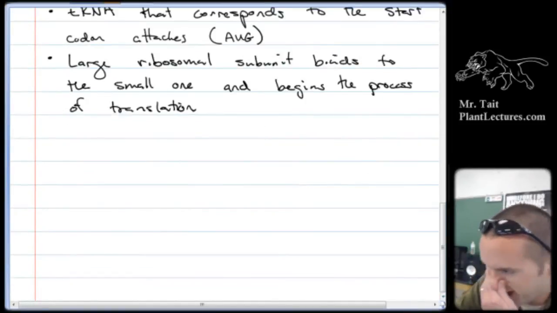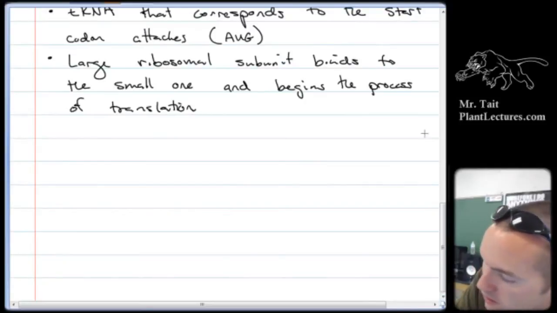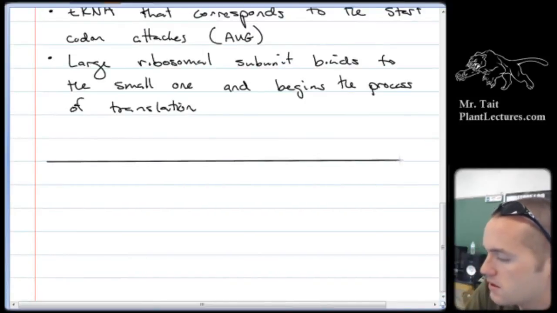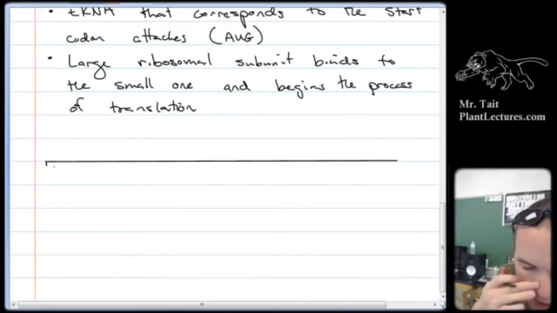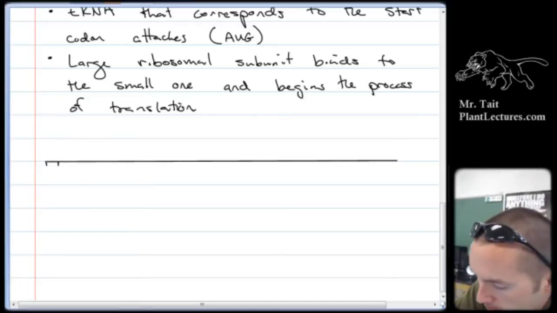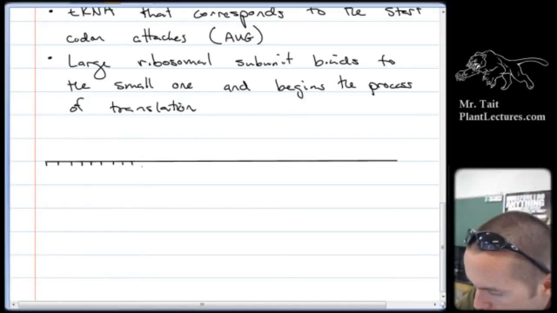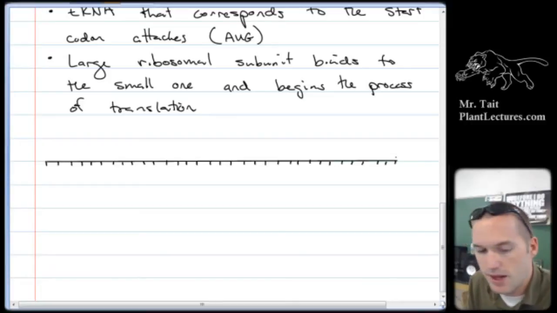So we're going to do a little drawing, a bigger drawing than we did up top. So here is a strand of mRNA. All right, so this one's got a lot of nucleotides on it.